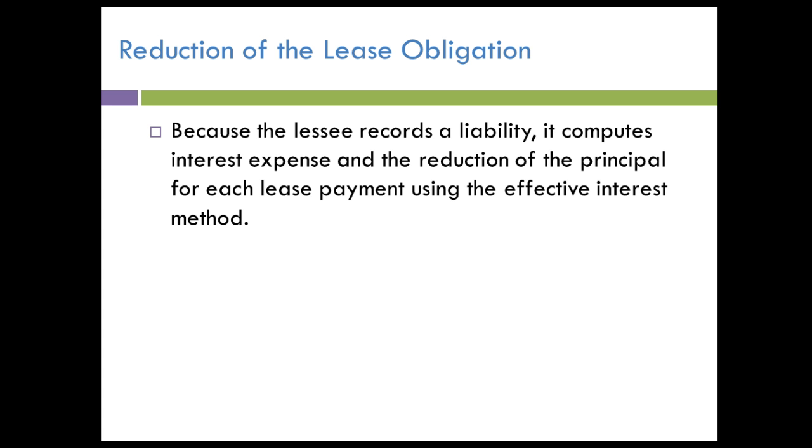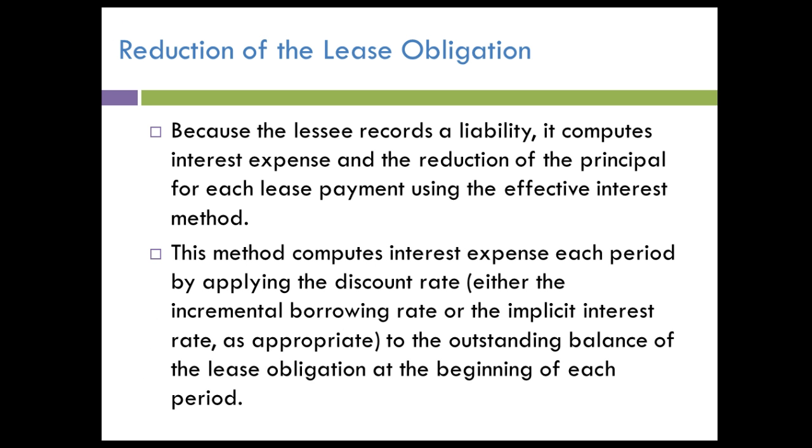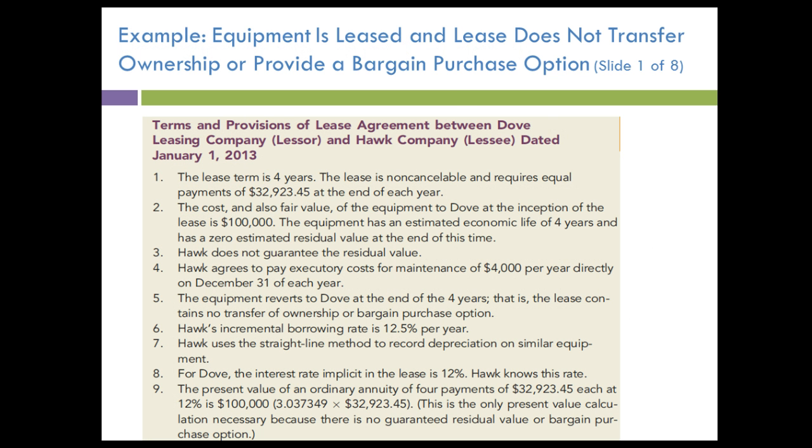It's going to reduce the lease obligation by the principal, and then after it does that, it's also going to compute interest each period by taking that discount rate to that outstanding balance at the beginning of each period and increasing then the lease obligation with that interest rate. Here's an example we'll go through here.